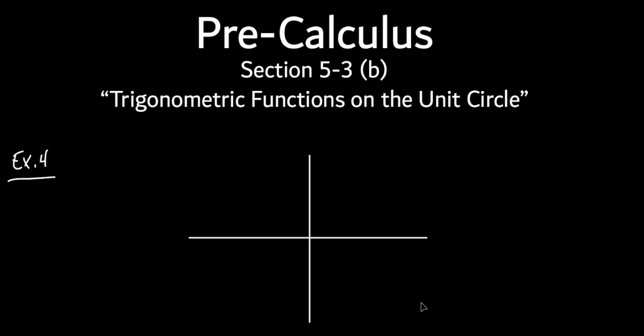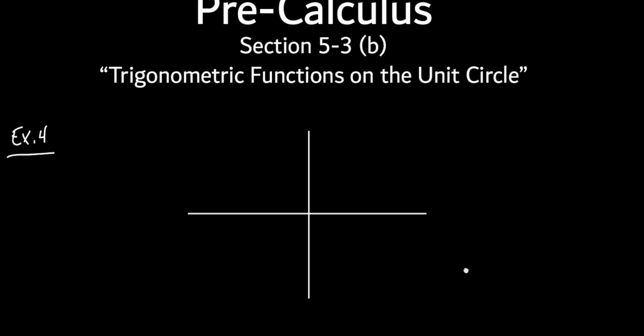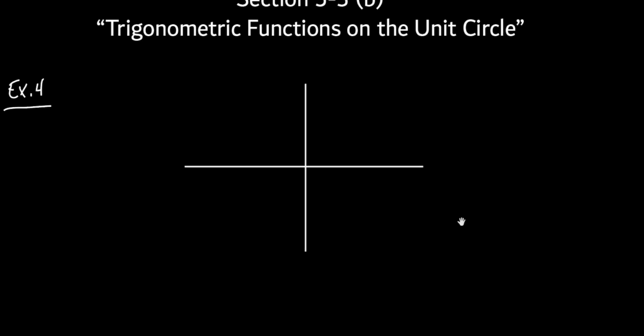It says find the 6 trig functions for an angle theta in standard position if a point with coordinates, and they give you coordinates, lies on its terminal side. So what they're going to do is give you some coordinates, and what you have to do is find the sine, cosine, tangent, and the inverses of that angle. We're not really finding the angle right now. We eventually will find what that angle is.